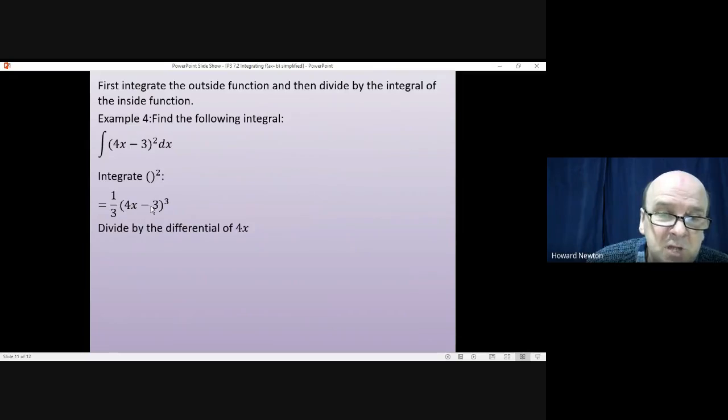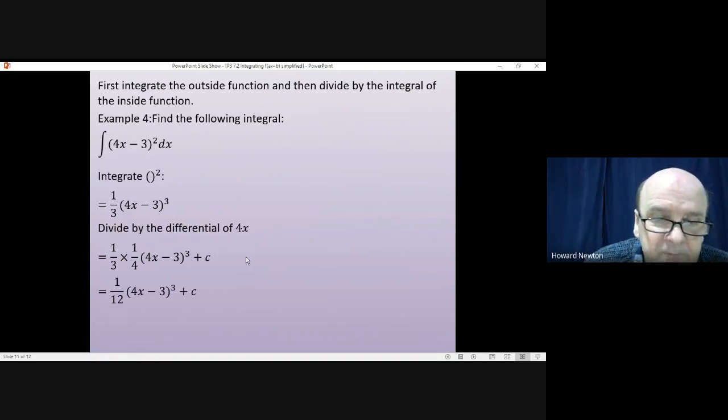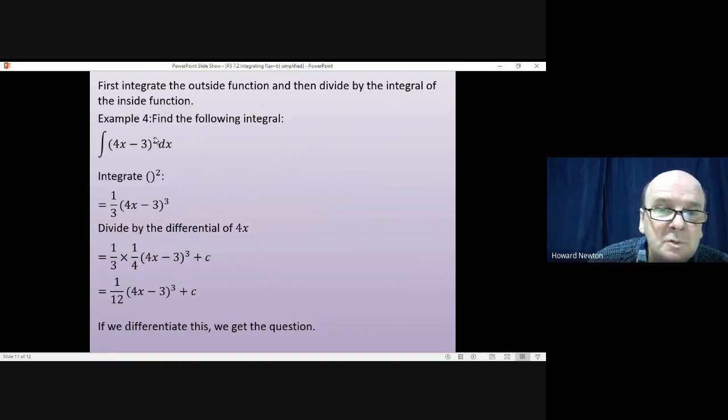If we were differentiating that, we'd be timesing by 4. Integrating it, we need to divide by 4. And that gives us a third times a quarter times 4x minus 3 cubed plus c. Simplifying that gives us 1/12 times 4x minus 3 cubed plus c. And if we differentiated that, we would get the question.